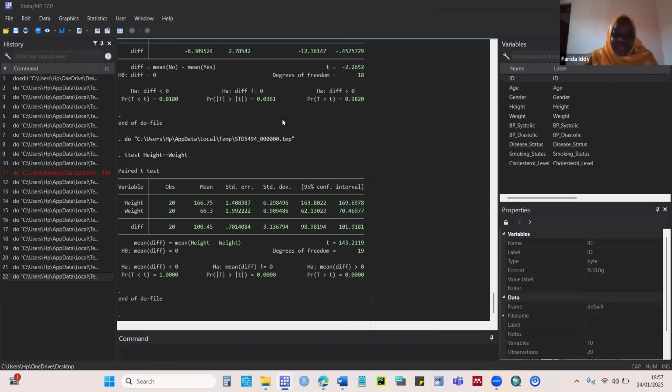We have 3 alternatives, and the software cannot give you a single p-value because your alternative hypothesis may be less than, not equal, or greater than. That's why it gives you all the three.